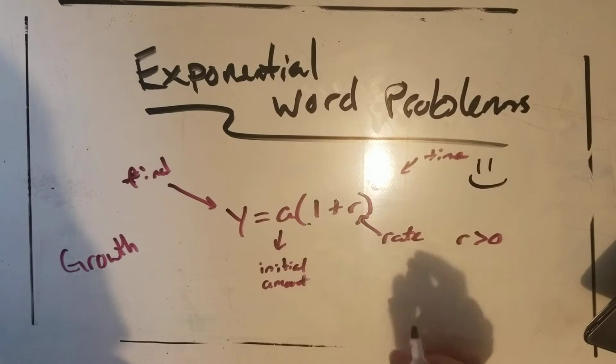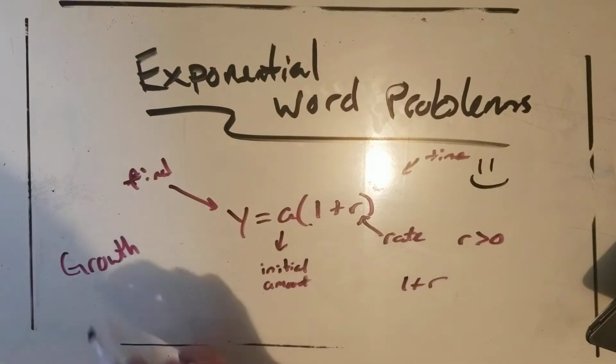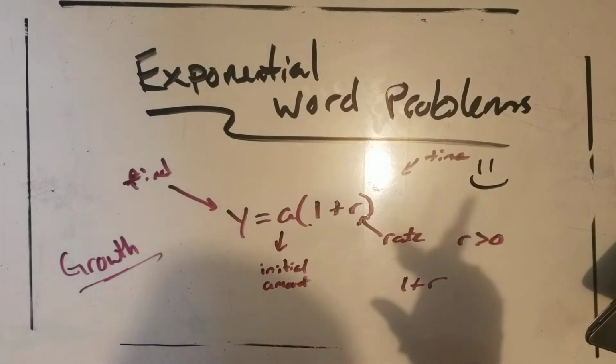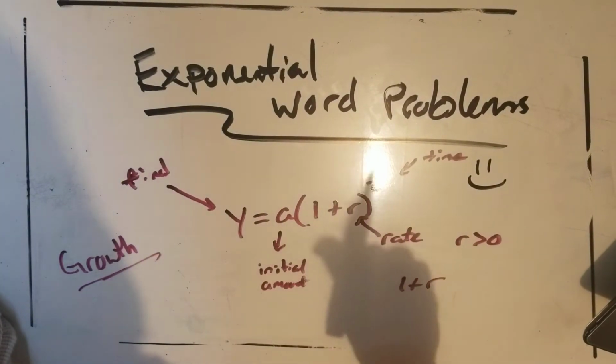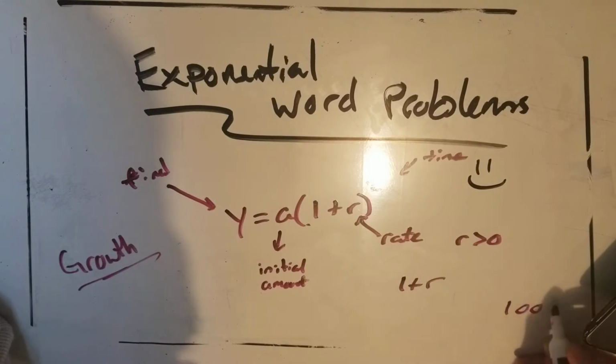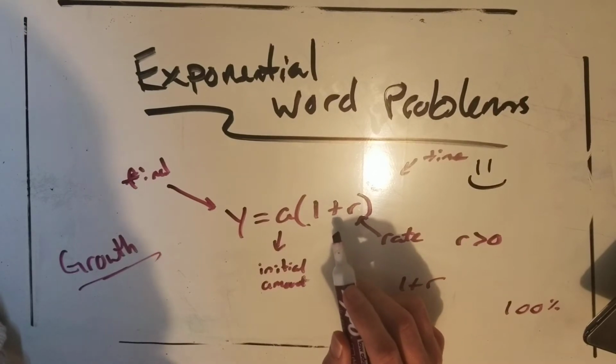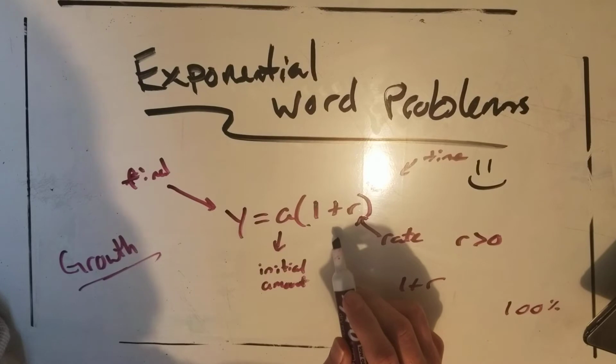So if we focus on just that 1 plus r, the reason why this is a growth function is that everything in here is going to be represented as a percent. So 1 as a percent is like 100% of something. And you're adding a certain percent. So maybe you're gaining 2% a day.